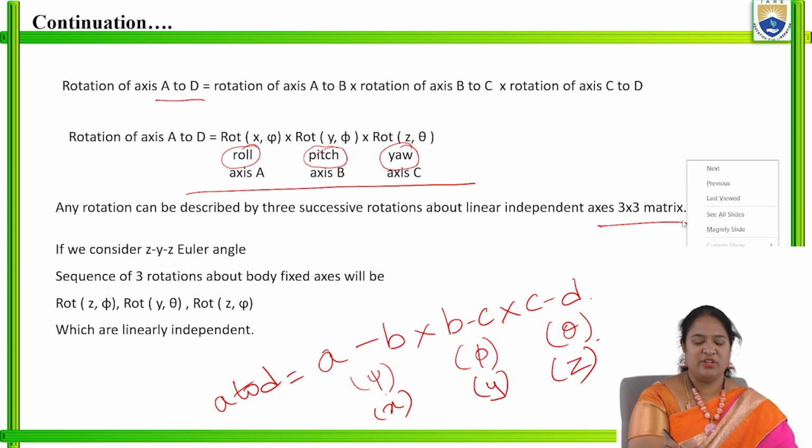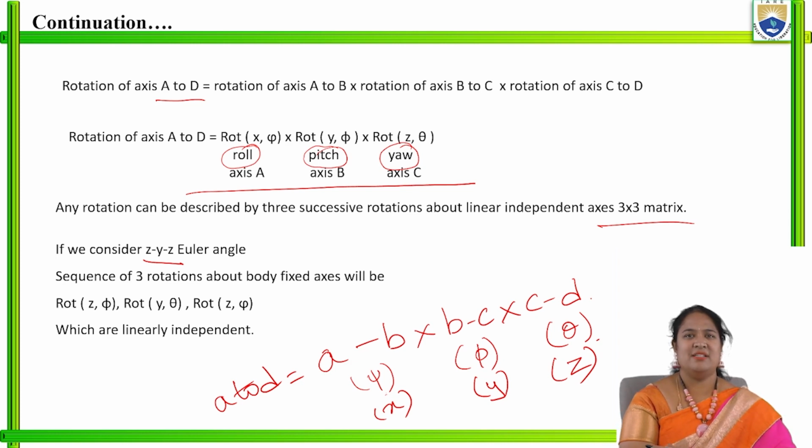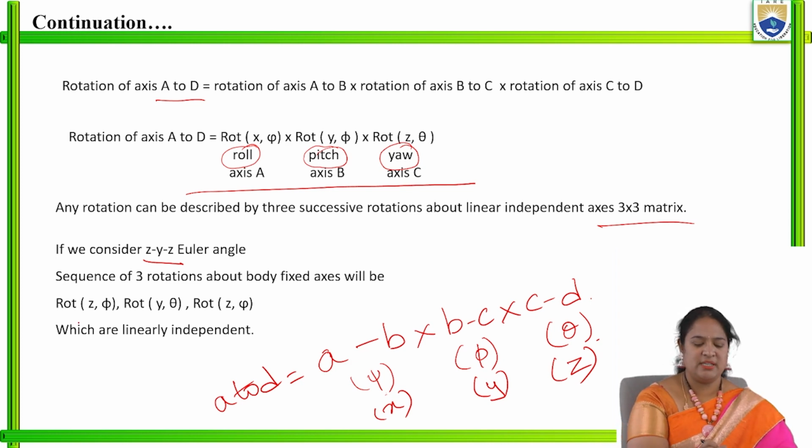Now, for example, when you consider a ZYZ coordinate, right? When we consider a coordinate system of ZYZ for Euler angles, that particular ZYZ axis will be represented in this particular form. Z axis, that is Z comma phi. Then coming to the Y axis, Y comma theta.